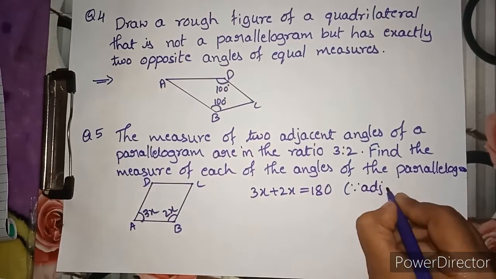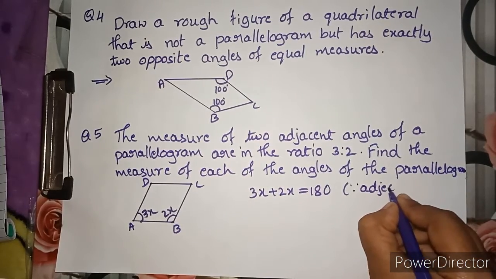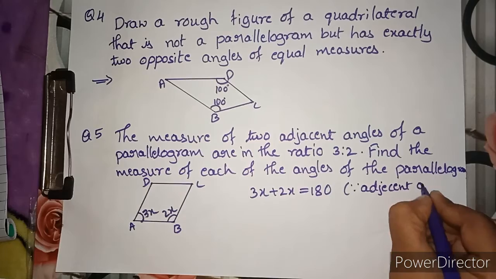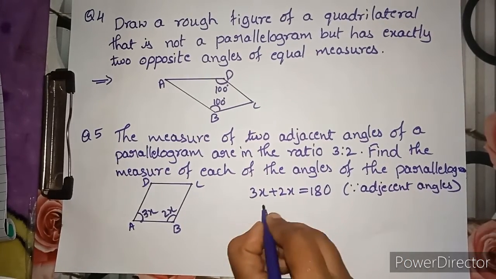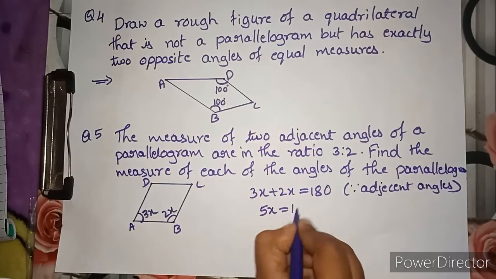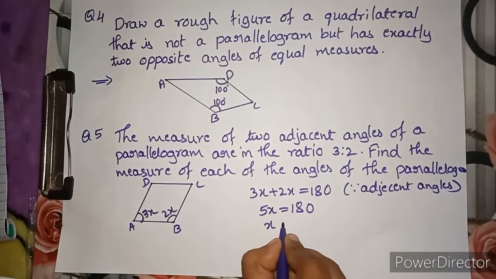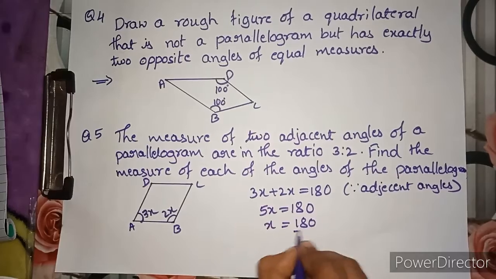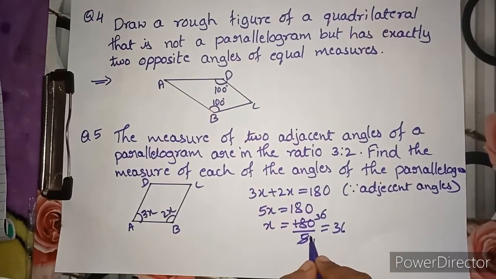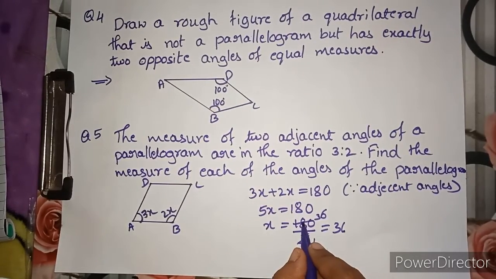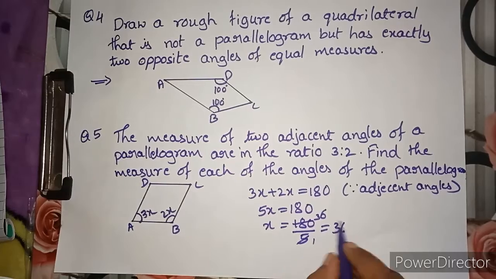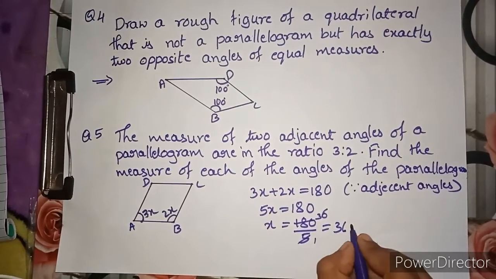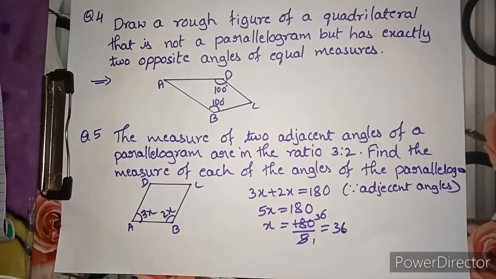Adjacent angles. Okay, now 3x plus 2x is 5x is equal to 180. So x is equal to 180 divided by 5. 5 threes are 15, again we have 30, 5 sixes are 30. So we have x value 36.